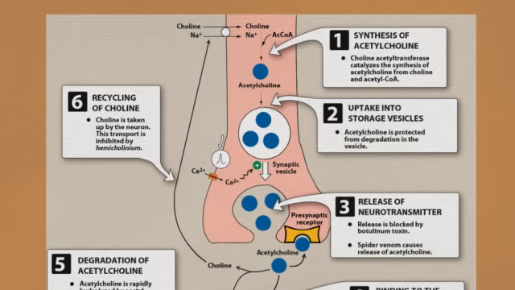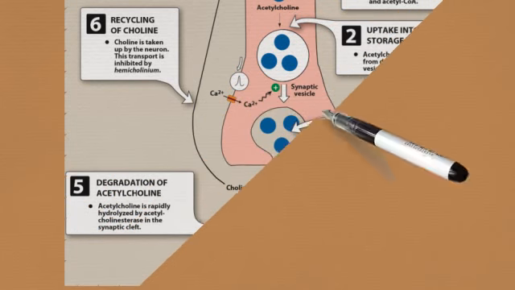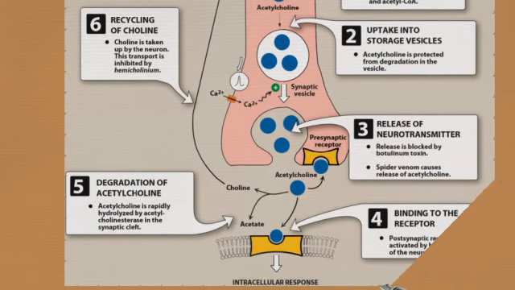Now the third step is the release of the neurotransmitter acetylcholine. This release takes place as a result of the action potential that develops in the axon, induced by voltage sensitive sodium channels, which ultimately opens the voltage sensitive calcium channels. As a result, calcium ions enter from the ECF into the axon.